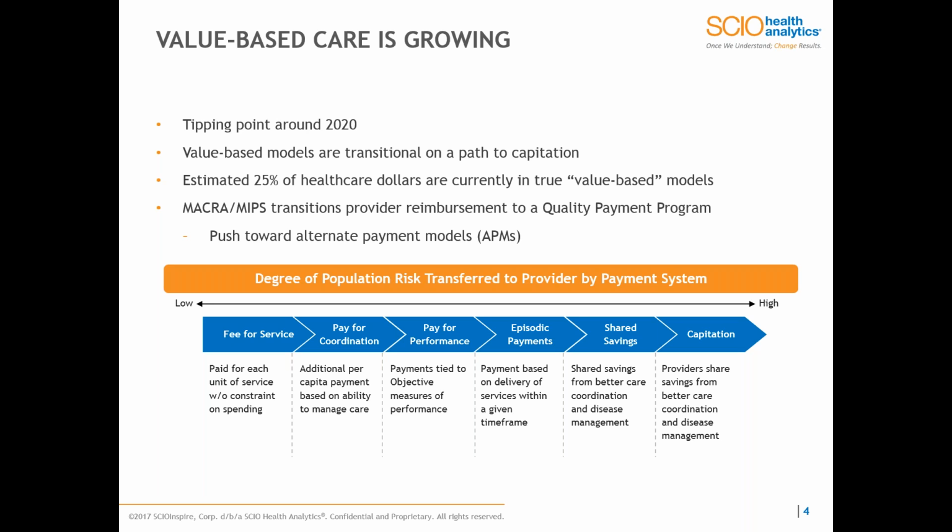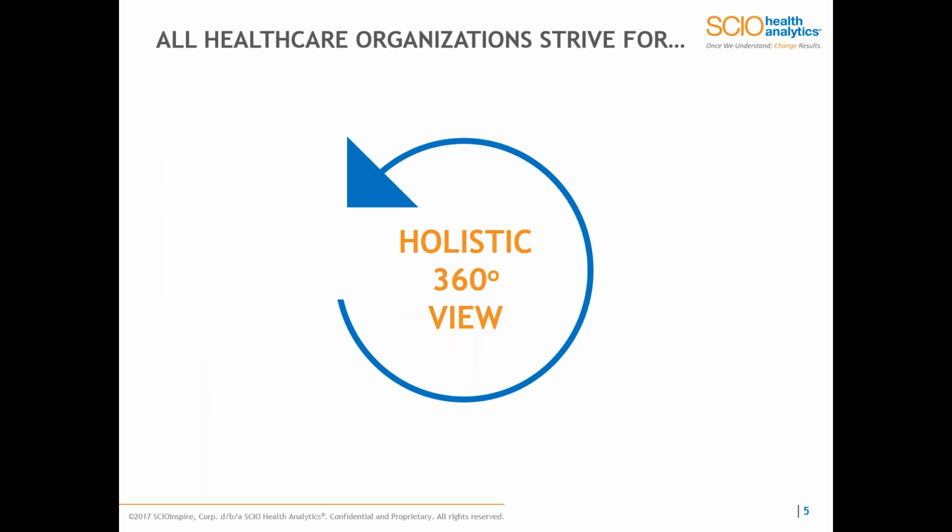Moving from fee-for-service to capitation is definitely a journey, and it's not a simple one, where we're looking at paying for coordination and moving on to paying for performance, episodic payments tied to episodes of care, and shared savings programs on the capitation. There's a lot of complexity in this, in which data and analytics is key to be able to understand and to drive the most efficient, highest quality care and get reimbursed for it appropriately.